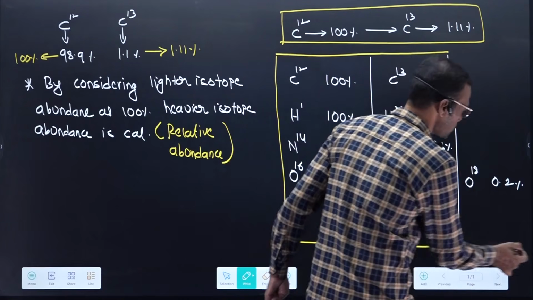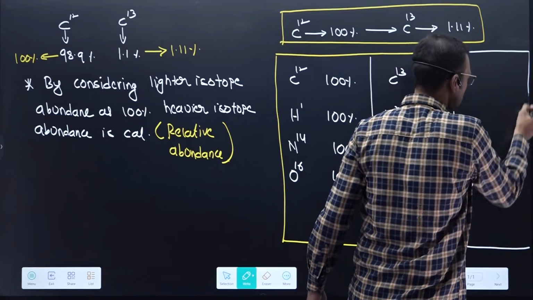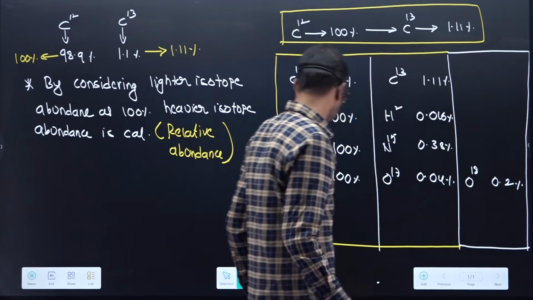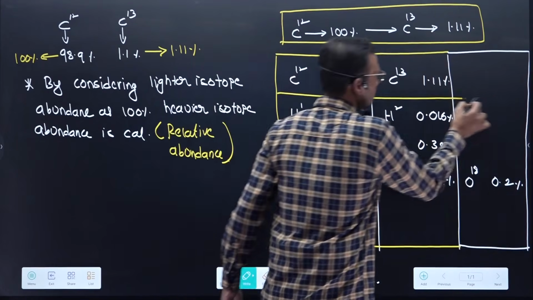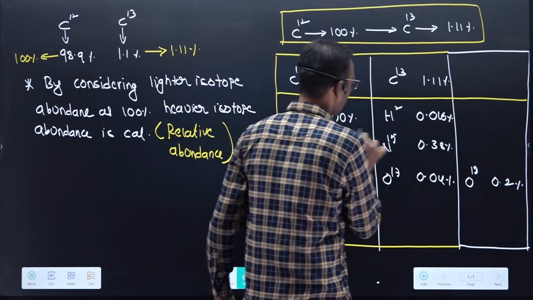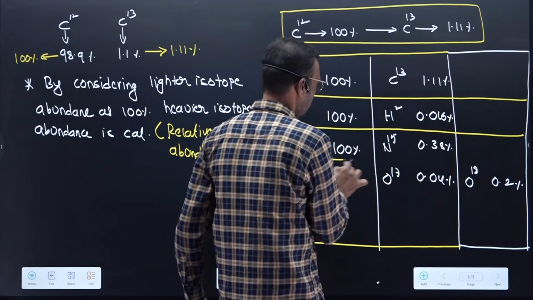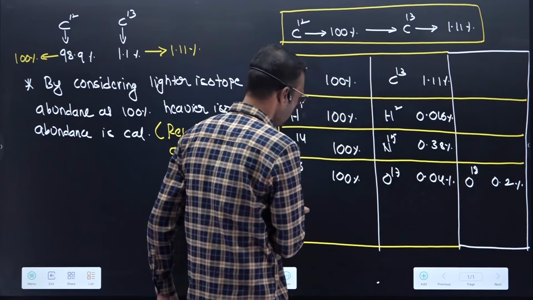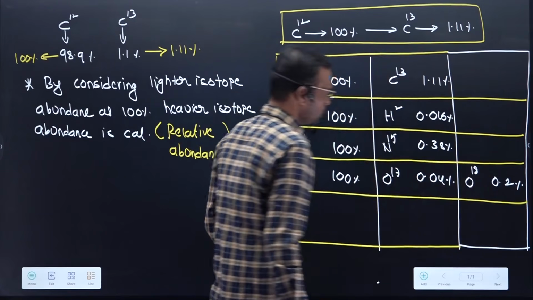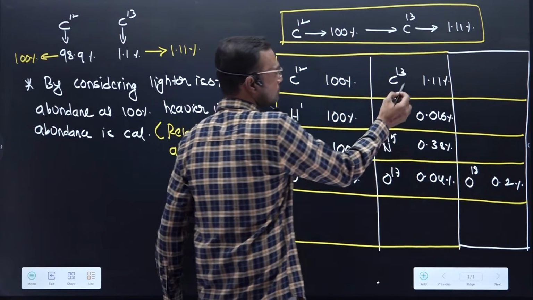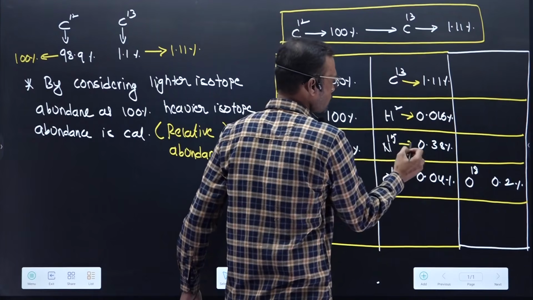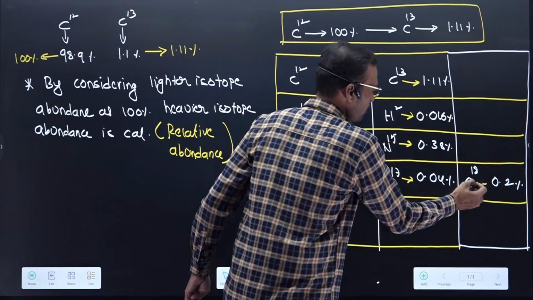So these all are heavier isotopes. There is no heavier isotope of carbon 14. So this is only for carbon, this is for hydrogen, this is for nitrogen, and this is for oxygen.